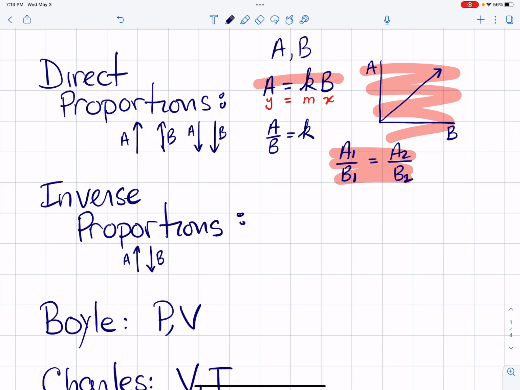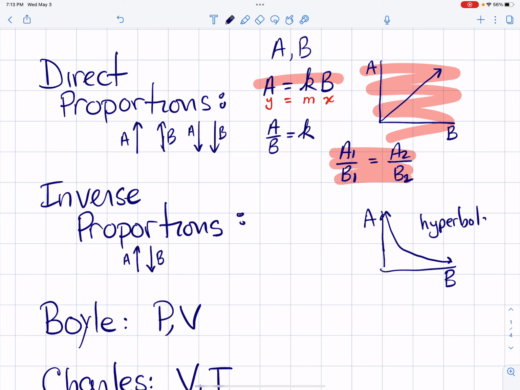Therefore, we get a different type of graph. When you graph the A versus the B, we don't get the straight line graph we saw before. This time we saw a curve that looked like this. We called the shape here a hyperbola.